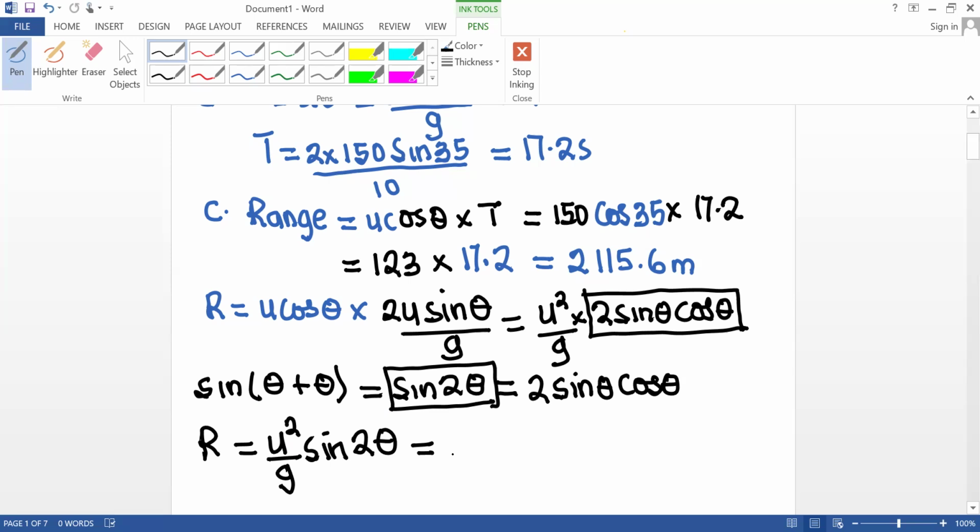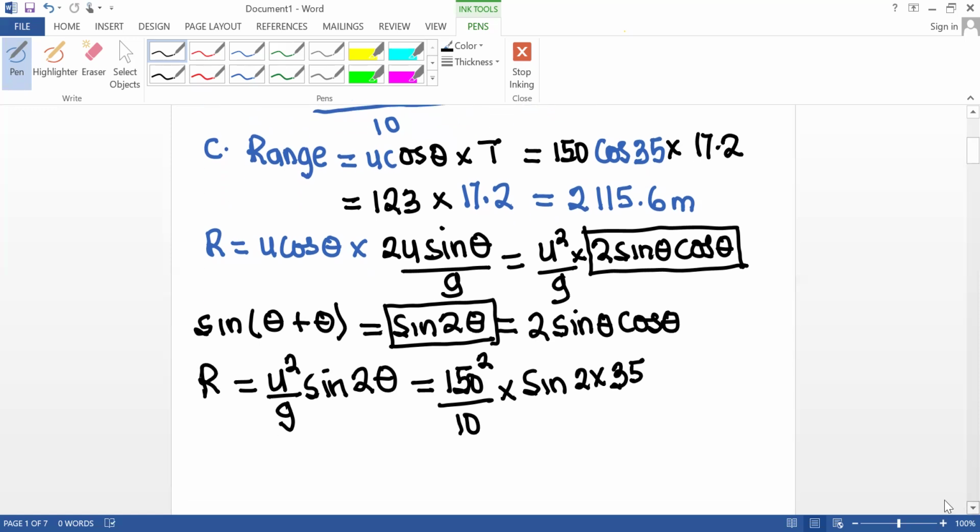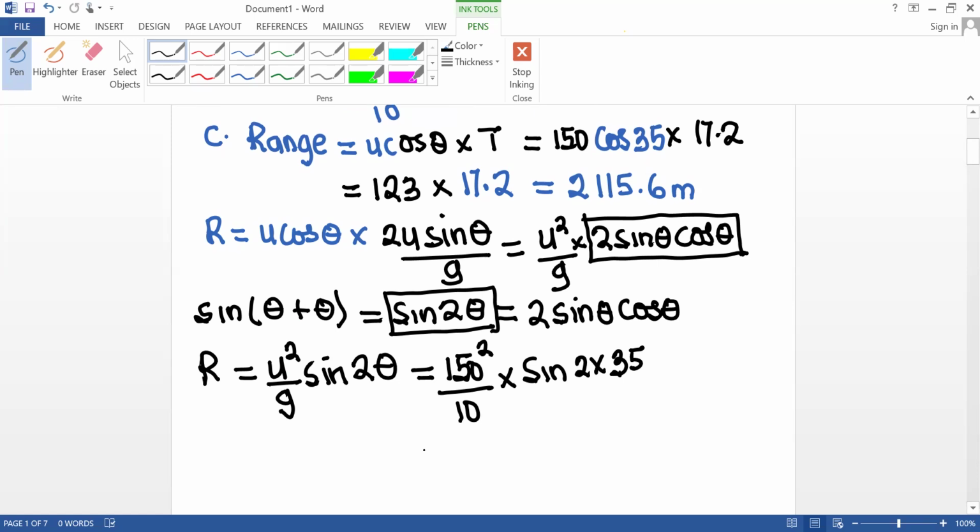So this is another simple expression for the range. Now, if I want to use this, u is 150. So 150 squared divided by 10 times sine of 2 times 35. Okay, class, what is 150 squared? 22,500.